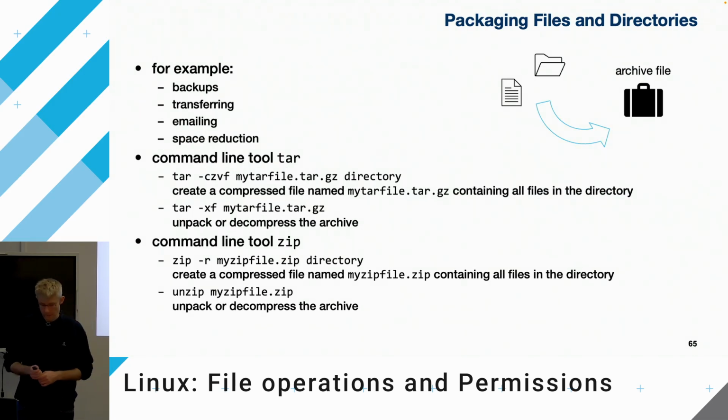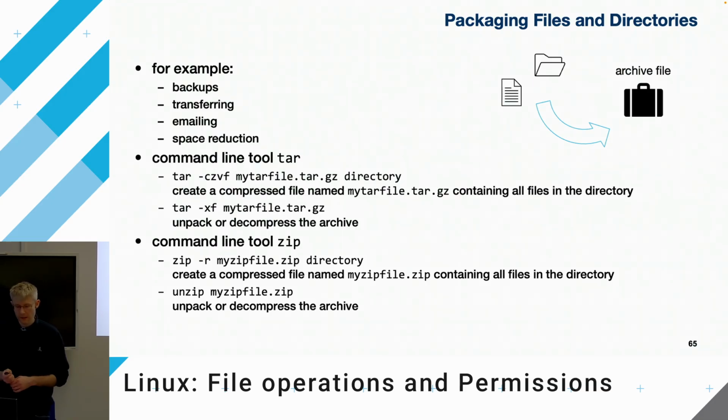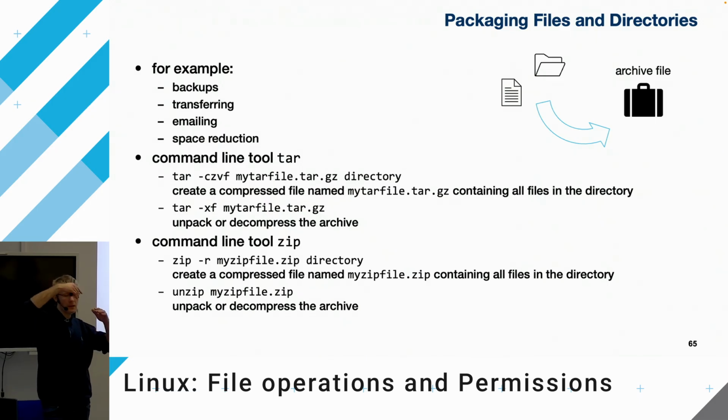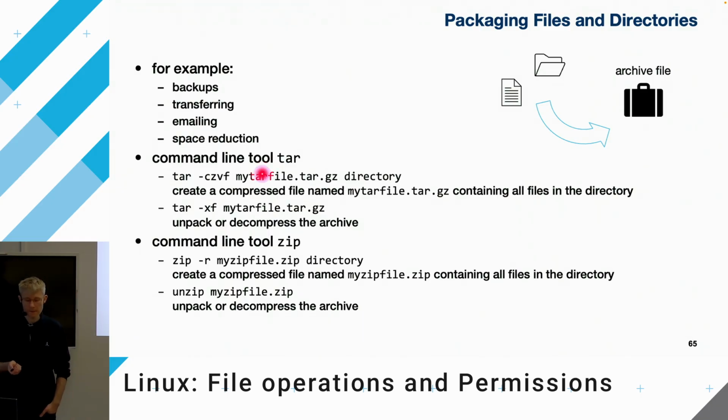Another thing is packaging of files and directories. Sometimes you want to download a whole directory with a lot of small files, and you could copy them one by one, but sometimes it's more convenient. Maybe you want to send them to a colleague anyway. Then you can create an archive, and you can, for example, use tar.